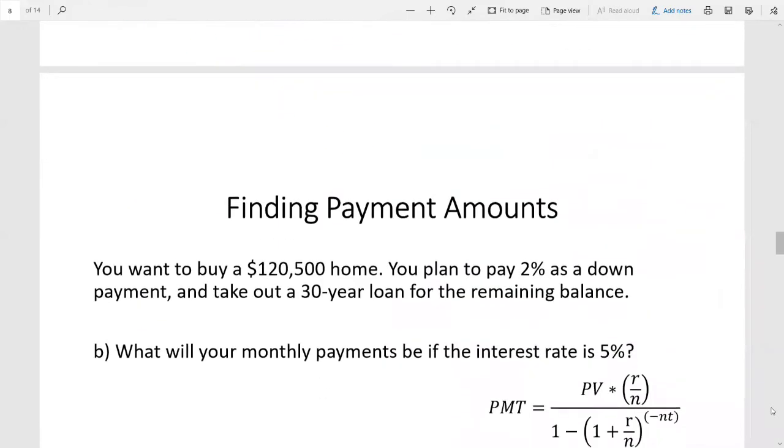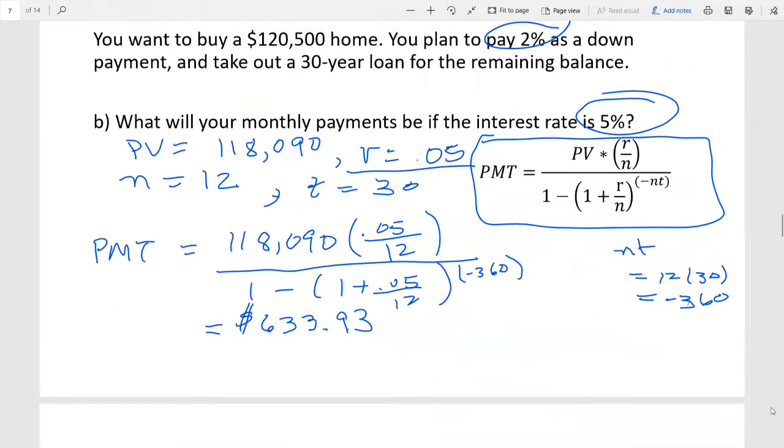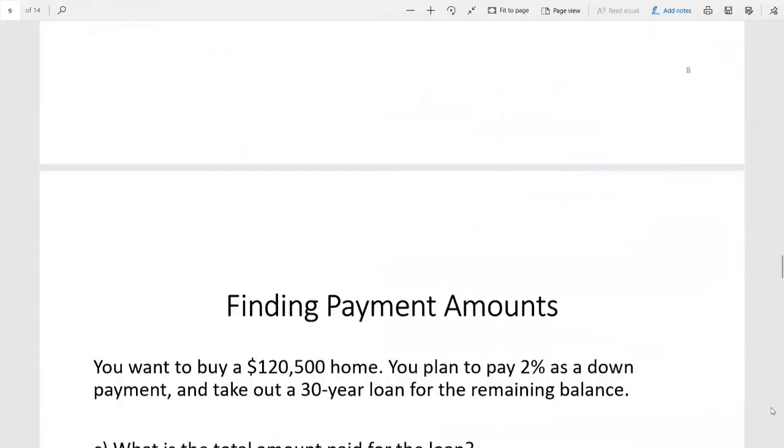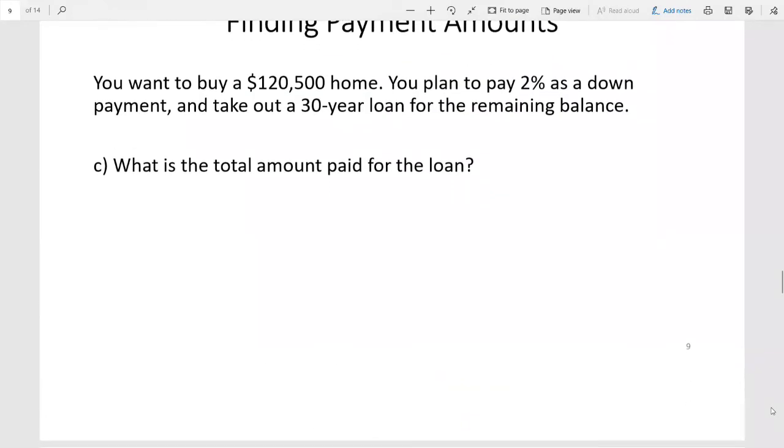And then, what is the total amount paid for the loan?